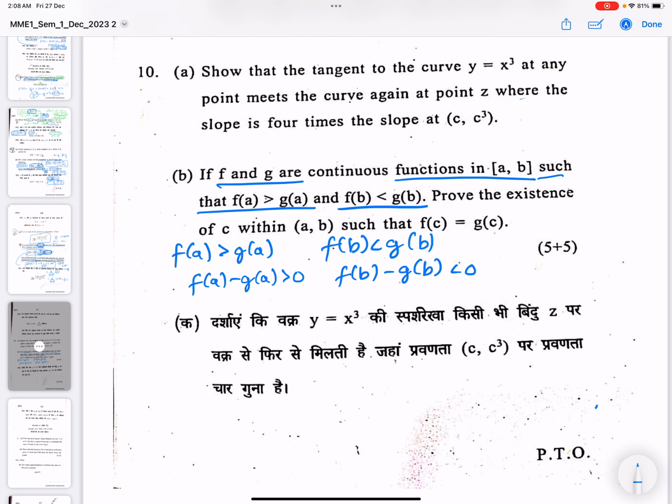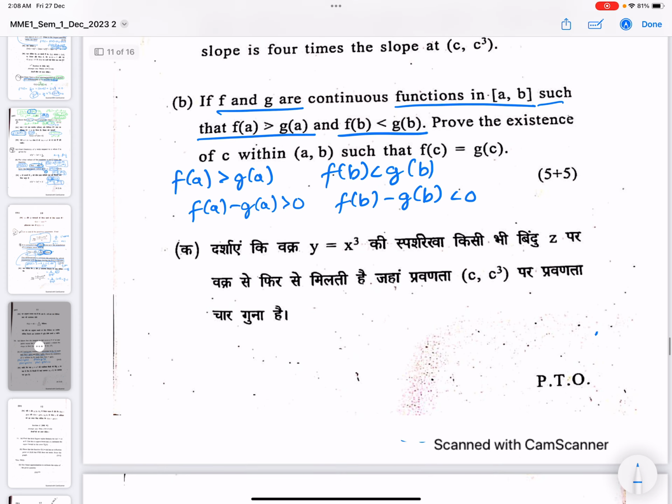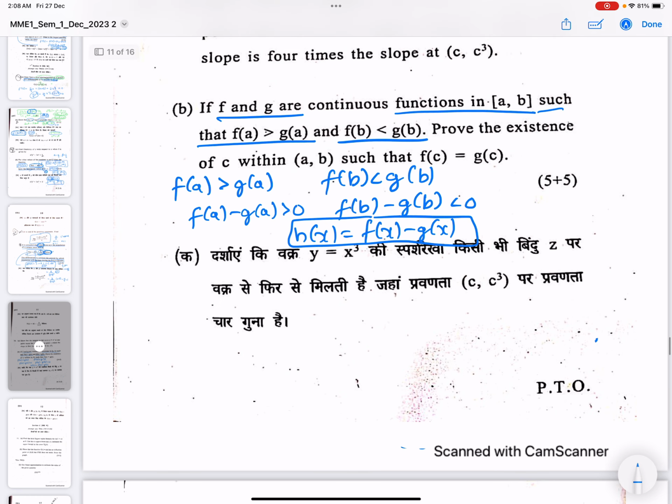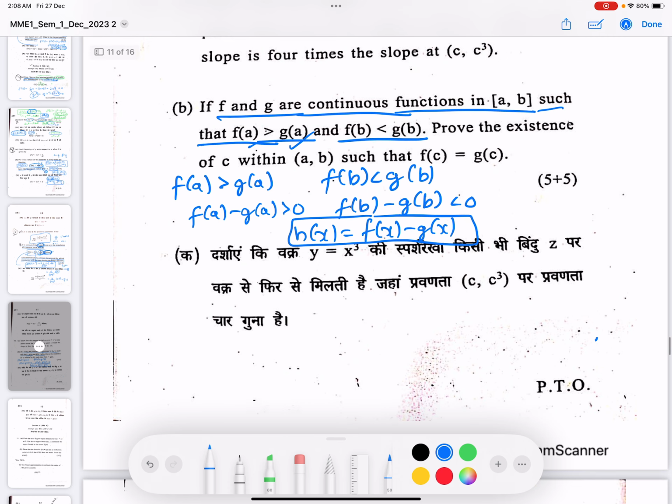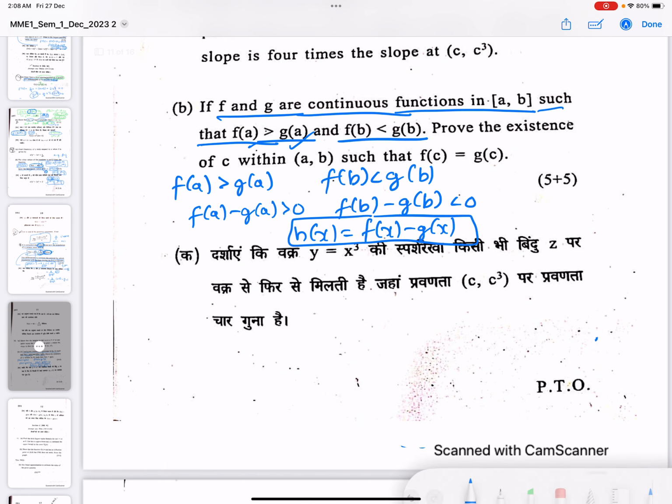Now suppose we define a function h of x as f of x minus g of x. Since the function f is continuous in the interval a comma b, and the function g is also continuous in the interval a comma b, the function h would also be continuous in the interval a comma b.